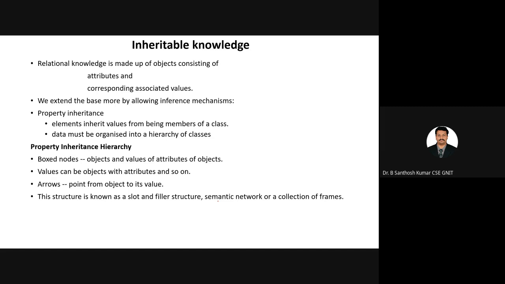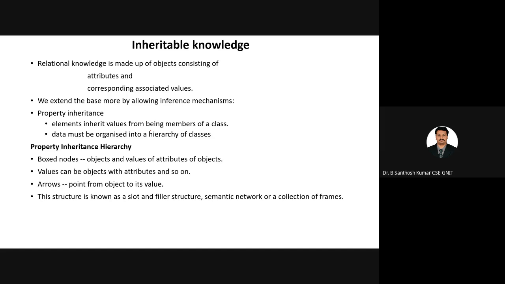So we cannot say the father has the children's behavior; we always say that a particular child has the father's behavior. This means the derived class completely inherits properties from the base class. Here the relational knowledge is made up of objects consisting of attributes and their corresponding associated values. Then we extend the knowledge base by allowing an inference mechanism.